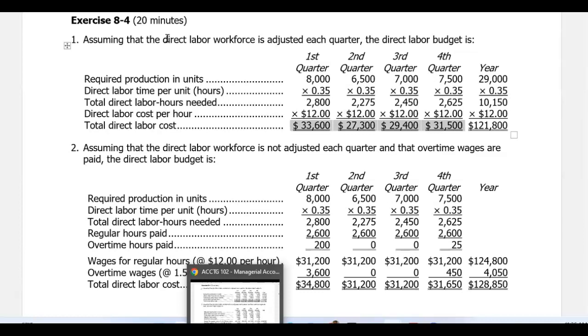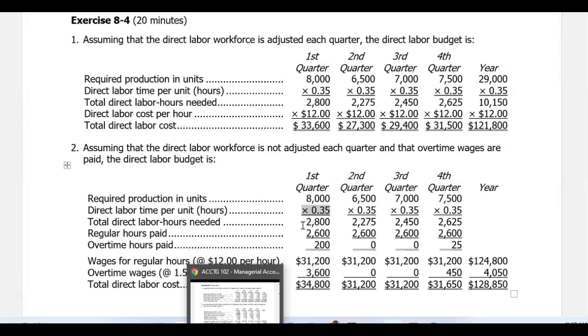Okay, and this is assuming that direct labor workforce is adjusted properly each quarter. Let's say the direct labor force is not adjusted each quarter and the overtime wages are paid. The direct labor budget is, so if we are going to pay overtime, what's going to happen? So if we have 8,000 units of production, quarter 1, quarter 2, 6,500, quarter 3, 7,000, and quarter 4, 7,500. We know every unit of production takes 0.35 hours.